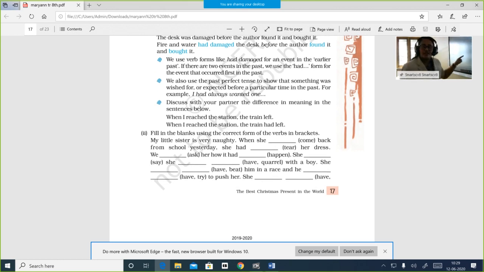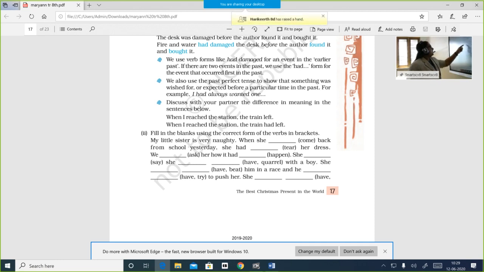When I reached the station, the train had left. So here there is past perfect. You understand? The first action is the train leaving, and the second action is you reaching the station. The first action says the train had left. So the train had left, and then only you reached the station. In the first sentence, I reached the station, the train left: both happenings are at the same time.